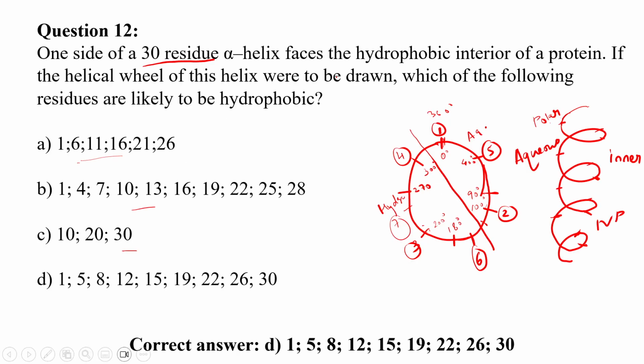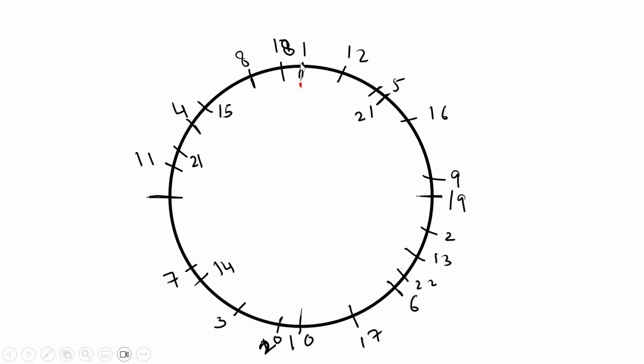We have the first option as 1, 6, 11. On this wheel, the first residue is here, the sixth residue is here, so they can still be in the same group, but 11 is here. So these residues are far apart, so they can't be of the same category.